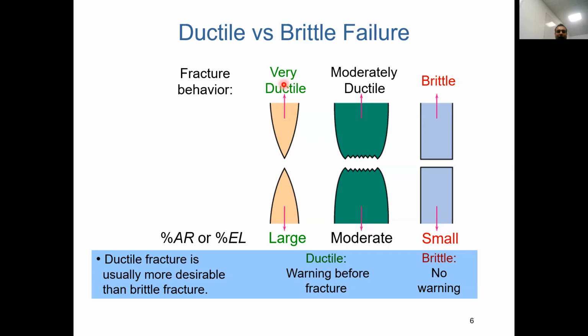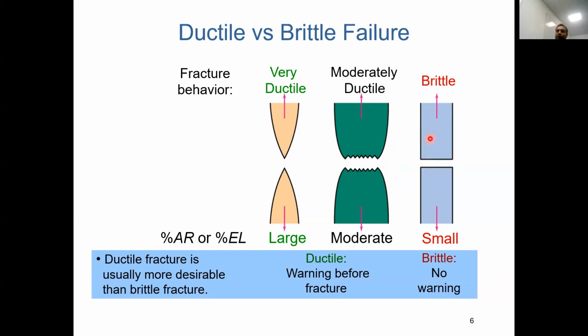In a very ductile material, you have a massive, high percentage area reduction. Look at the area, it's reduced. It was normal and it reduced to that shape. This is very ductile, and the percentage elongation, the material will elongate massively. Now we look at the moderate ductile. It's a typical cup and cone failure with a fibrous kind of failure.